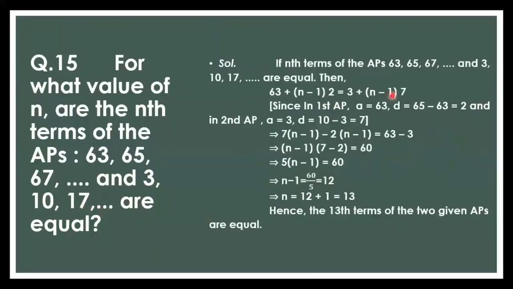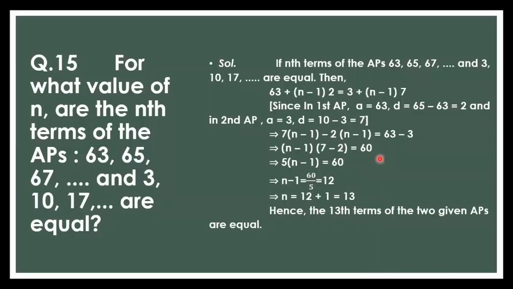Because they said both are equal. Am I clear, children? This is the first series and this is the second series. We need to find the nth term of both the APs.